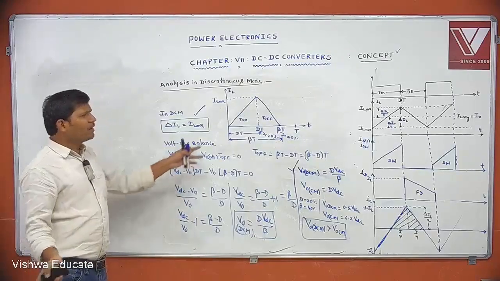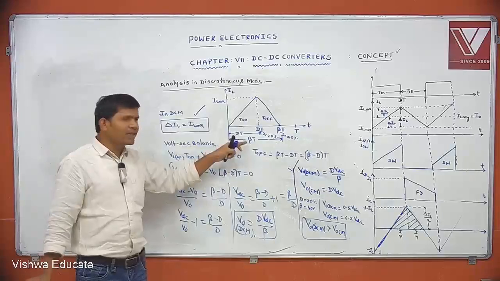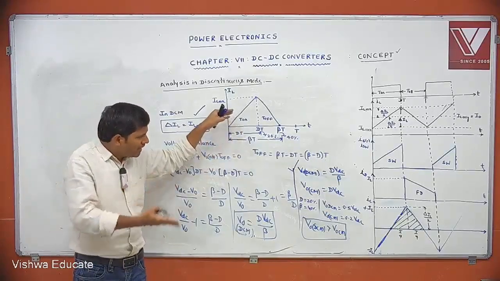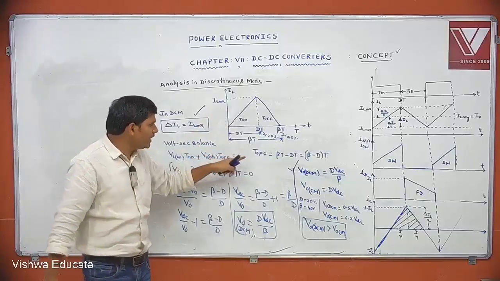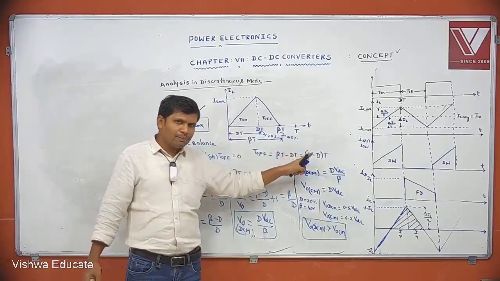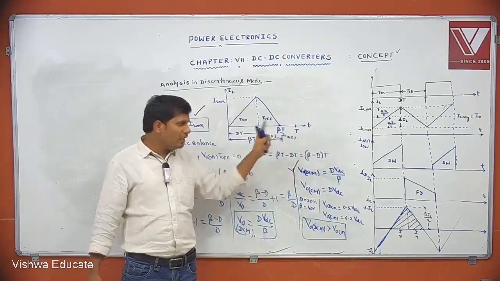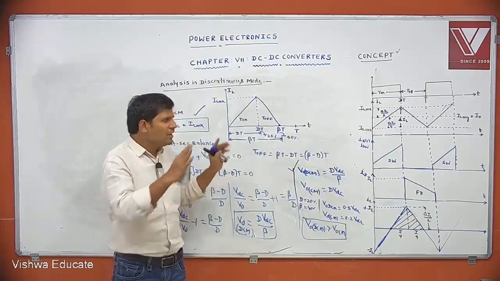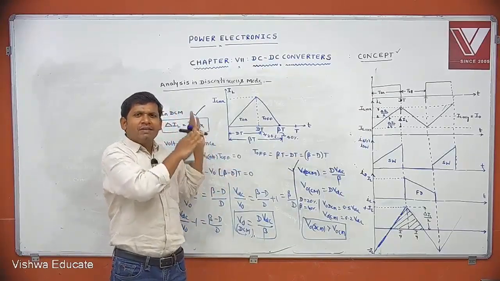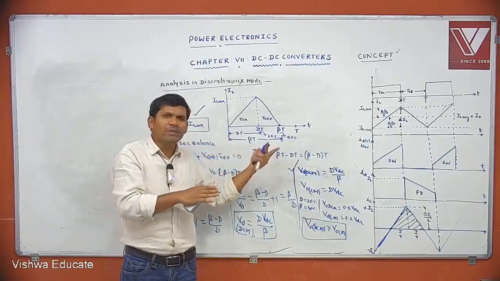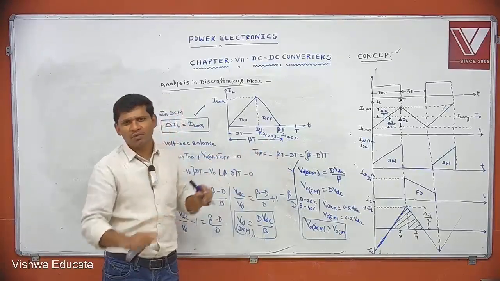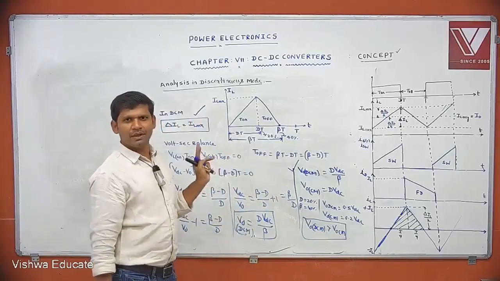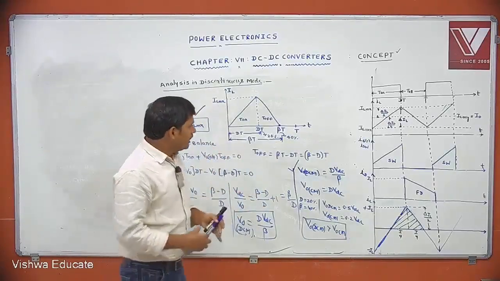Apply the ampere-second balance here, and you can get the expression for average inductor current. The remaining analysis is the same. The only difference is that T off is not 1 minus D into T; you take beta minus D into T. Substitute this and we get the remaining formulas, but here I am giving only two formulas. Clear? Easy to remember.